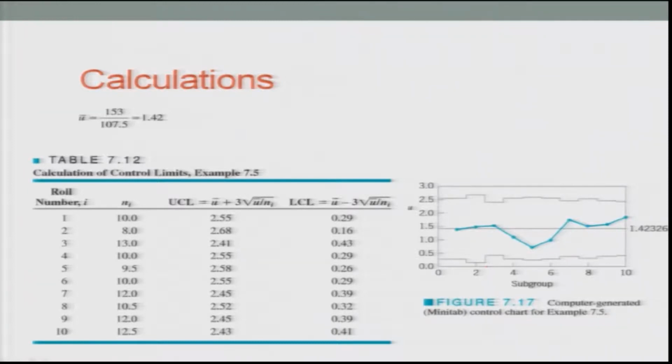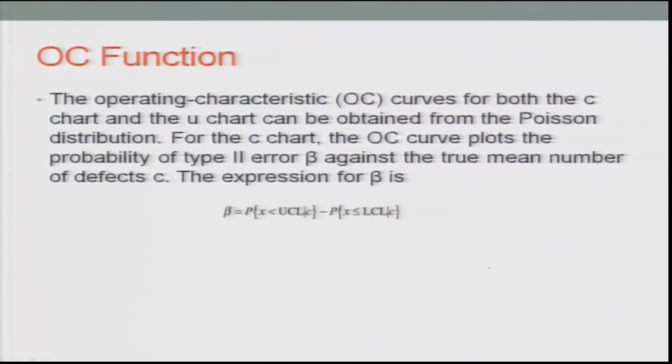Once you find out the upper control limit, which is basically U bar plus 3 multiplied by the term which gives us the standard deviation, the lower limit would be U bar minus 3 times that term. If you draw that, the chart in front of us, figure 7.17, gives you the subgroup numbers along the x axis, and along the y axis you have U. The central line is U bar, and the fluctuations are found using the changing, recalculated values of the standard deviation.